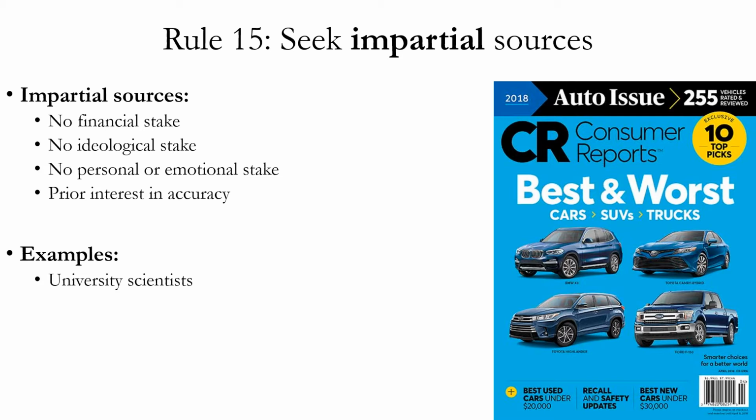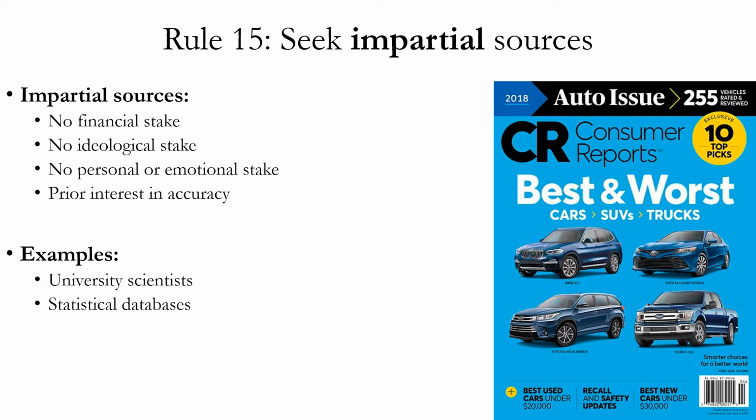So some examples of sources that are often impartial. University scientists, as long as they're not getting their funding from a company that sells a product, may be an impartial source of information. They do have an incentive to further their career, but oftentimes the best way of doing that is providing information that's as accurate as possible to convince their peers that it actually is worth paying attention to.